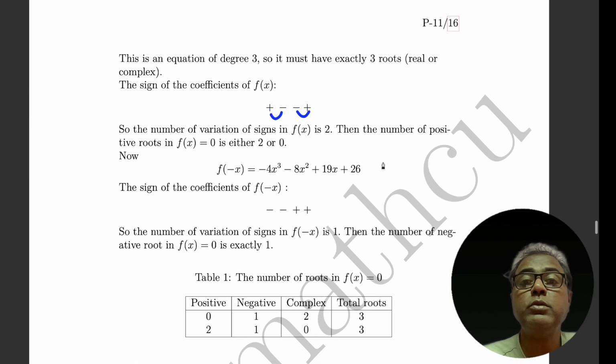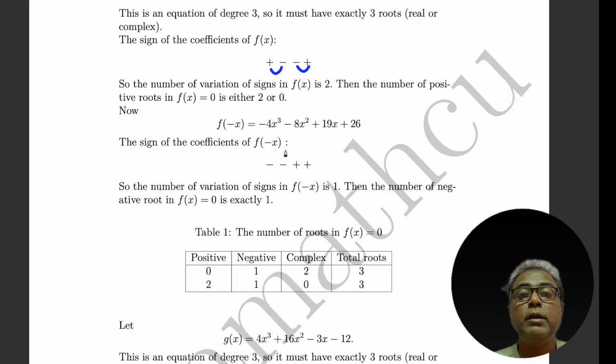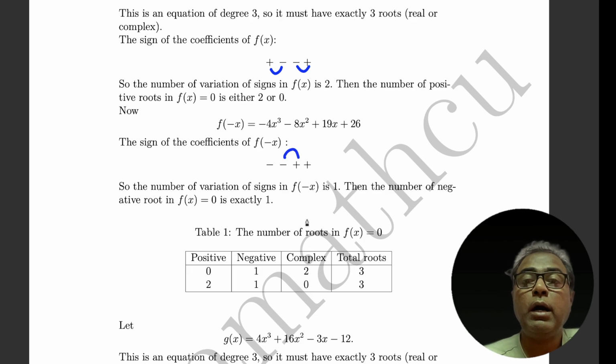The signs of the coefficients of this are minus, minus, plus, plus. So we get only one variation of sign, minus to plus here. So the number of negative roots of the equation fx equal to 0 is exactly 1.